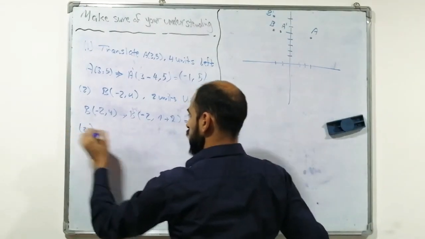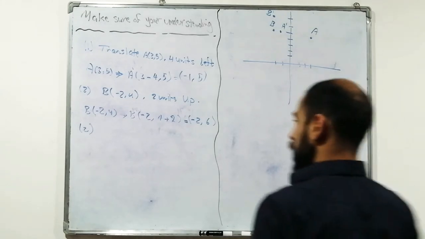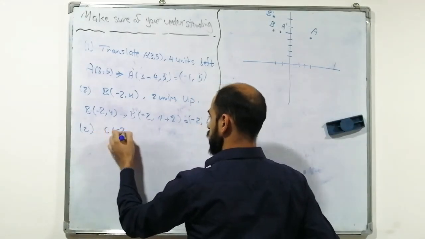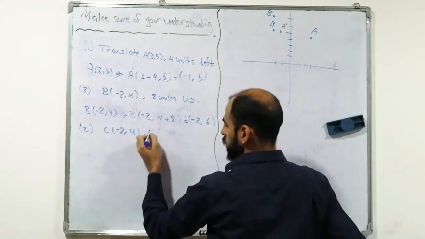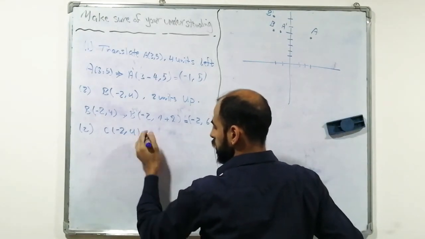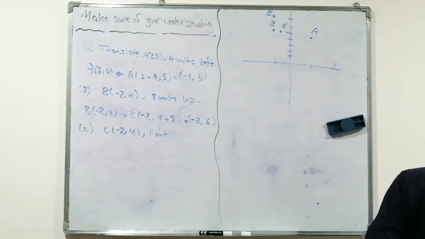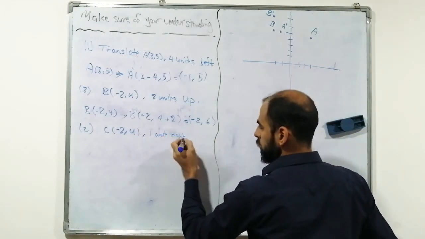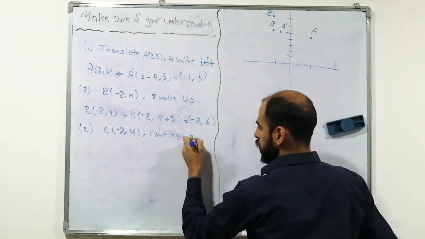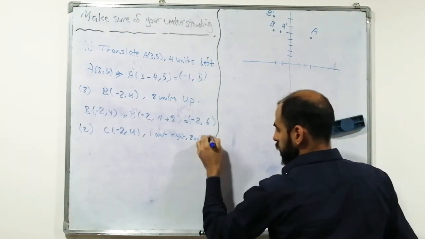The third question. We have the point C, which is (minus 2, 4), translated 1 unit to the right and 2 units down, or downward.